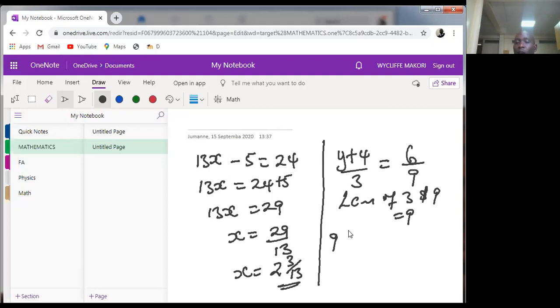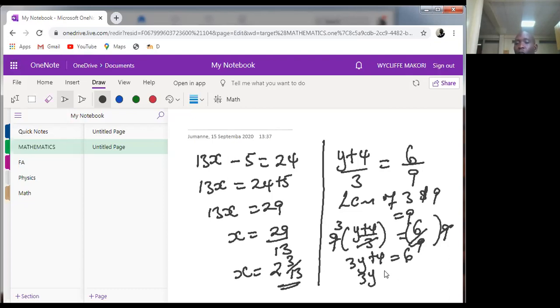So 3 will go into 9 3 times, and 9 and 9 will cancel out. So we are going to have 3y plus 4 is equal to 6. Let us take positive 4 to the other side to be negative, so it's 6 minus 4. So 3y is equal to 2. y is equal to 2 over 3.